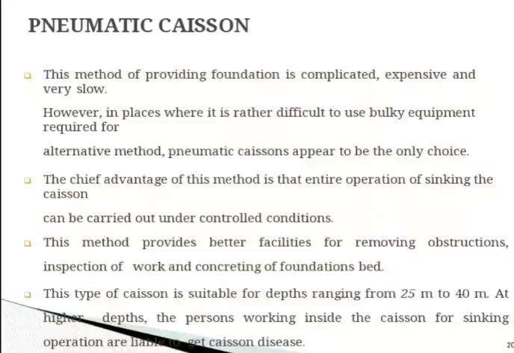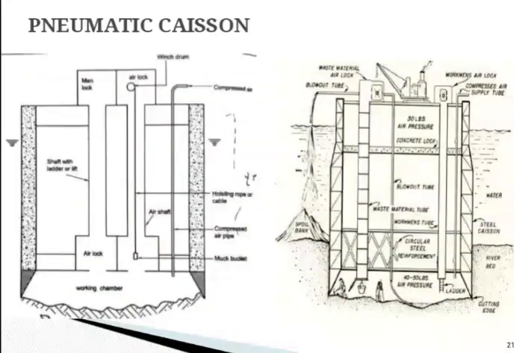This method provides better facility for removing obstructions, inspection of work and concreting of the foundation bed. This type of caisson is suitable for depths ranging from 25 meter to 40 meter. At higher depths, the persons working inside the caisson for sinking operation are liable to get caisson disease. So this is the diagram of the pneumatic caisson. You can see that in the image.